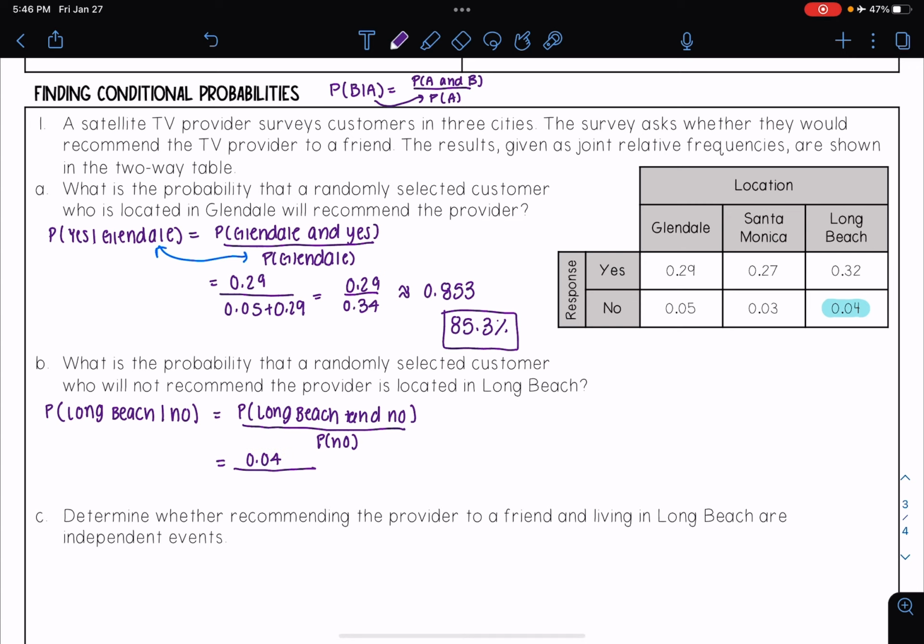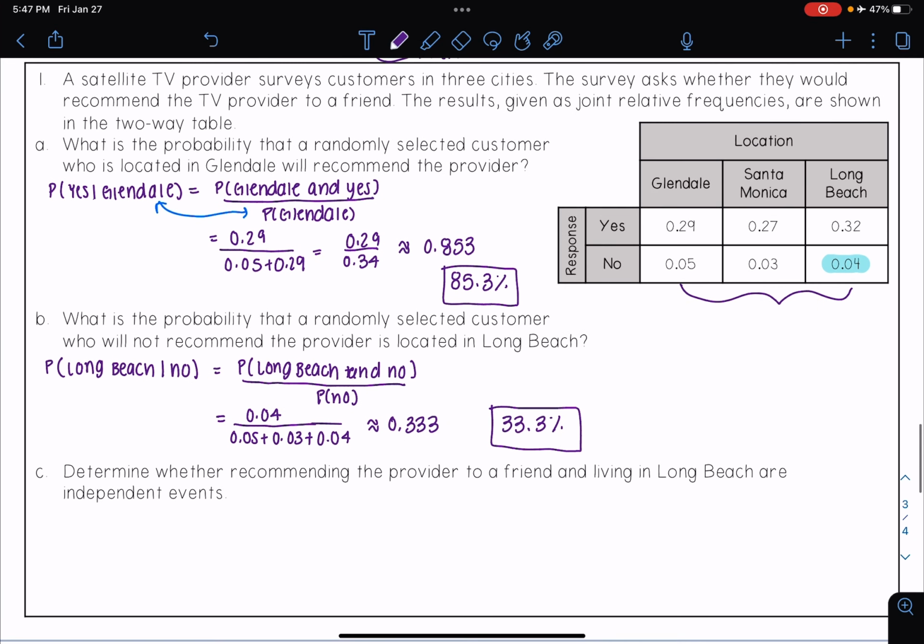And then the probability of no is going to be the sum of everything in that row. So it's going to be 0.05 plus 0.03 plus 0.04. When you make that calculation, you'll get approximately 0.333. In other words, a 33.3% chance.